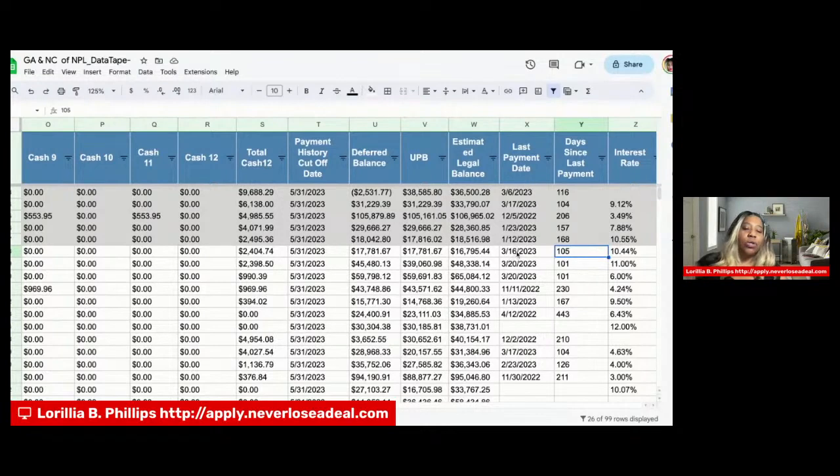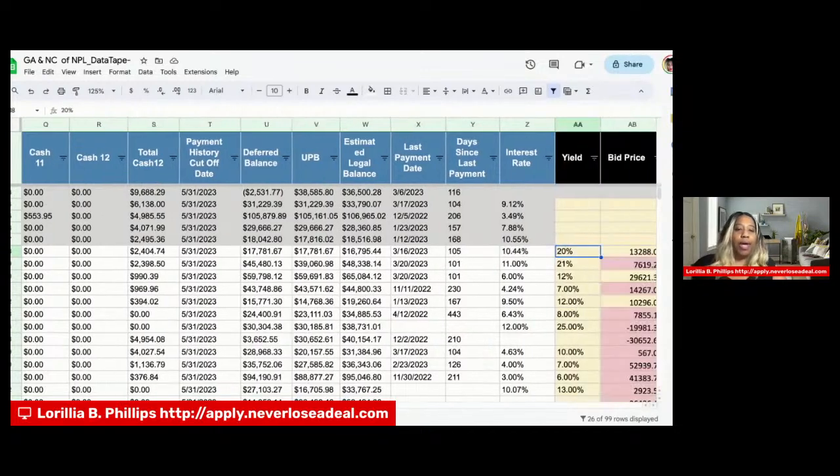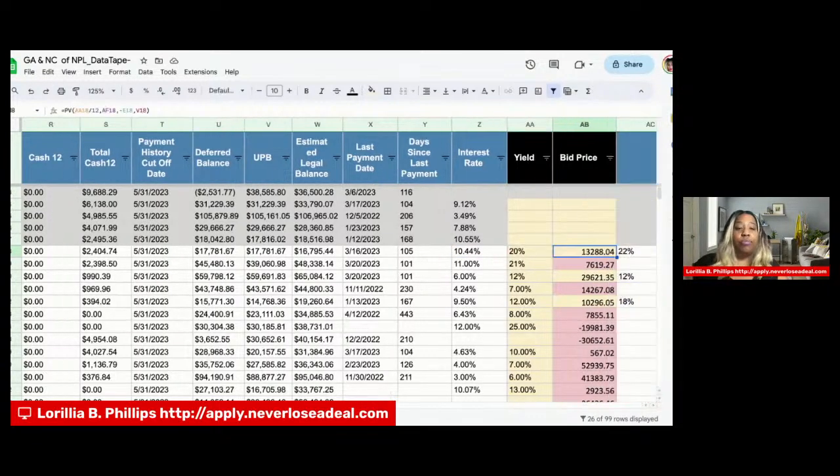Last payment date was as of this year, March 16th, 2023. But I can see if this payment stream is correct, they've made some payments. And so they'll let me know the days since the last payment. And this is an interest rate for that particular mortgage note at 10%.